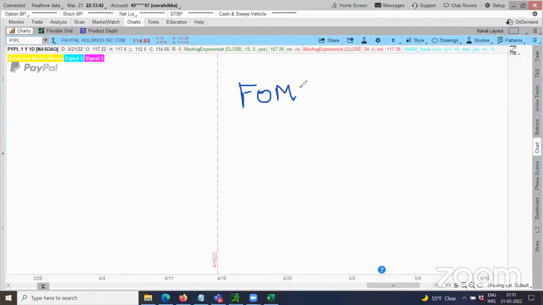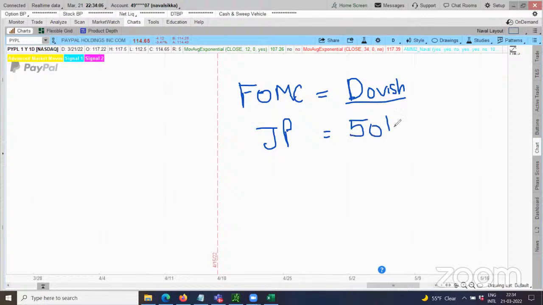People who were calling Thursday's comments as dovish, that Fed is not going to be very aggressive on balance sheet reduction or interest rate hikes, JP cleared that today. Very clearly, he said it could be a 50 basis point hike in May. That was something I was apprehending, that there could be a possibility.